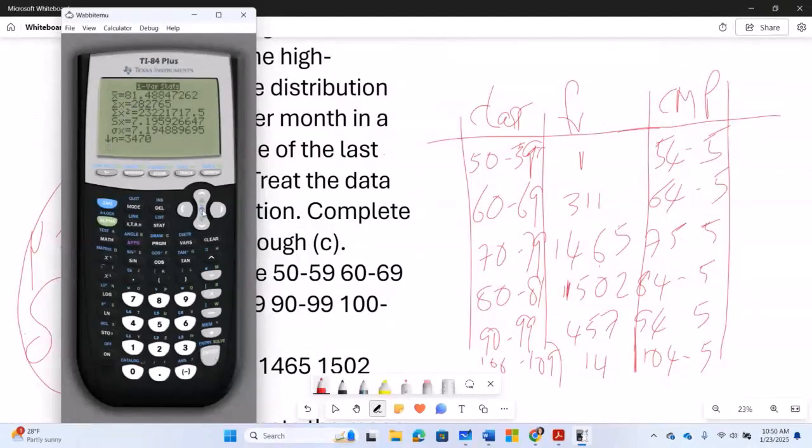The mean is 81.5. We're going to arrow down to find the median. The median is 84.5. The median is greater than the mean, so the data is actually skewed left. This data is skewed left.